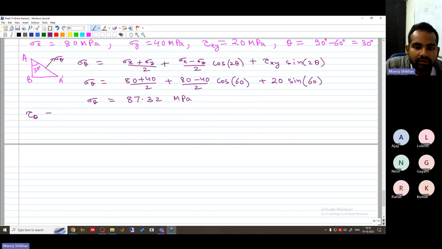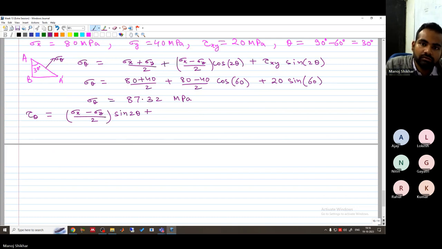Now for tau theta, sigma x minus sigma y upon 2 into sine 2 theta minus tau xy cos 2 theta.